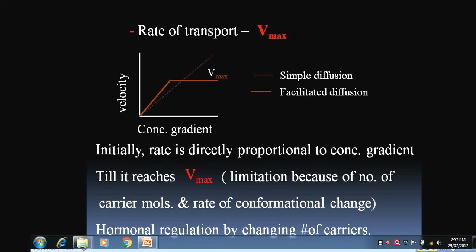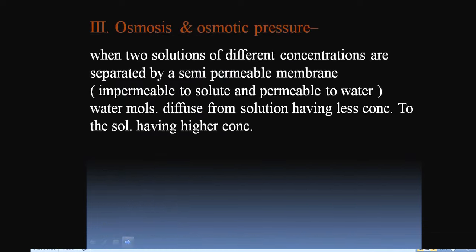In examination, this is an important point and an important graphical presentation. We can draw it in any short note concerned with this transport question. Here we see the difference between the rate of simple and facilitated diffusion.